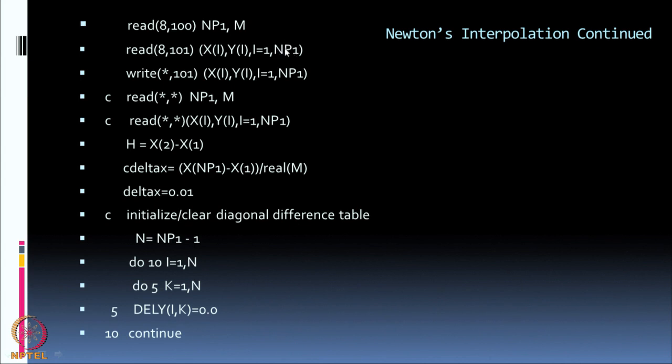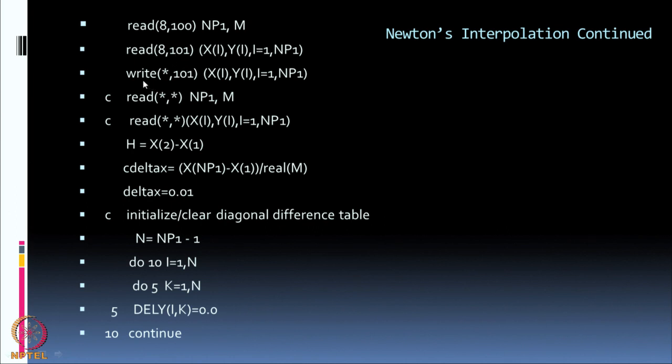So, there are NP1 points, i goes from 1 to NP1 and these values will be read. So, a do loop is implicit. The moment I put in bracket xi, comma, yi, comma, i going from 1 to NP1, it will read all those NP1 values of xi and yi. Make sure you put these commas correctly, because if any comma is missing, the do loop is not going to work properly. So, this is how I will read xi and yi.